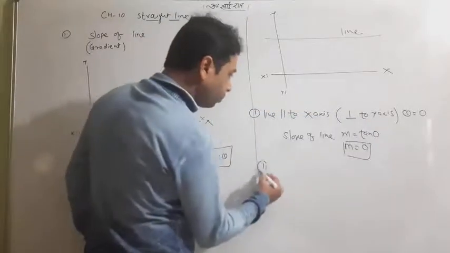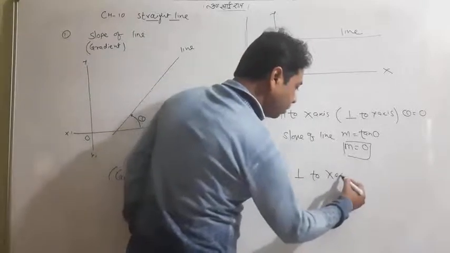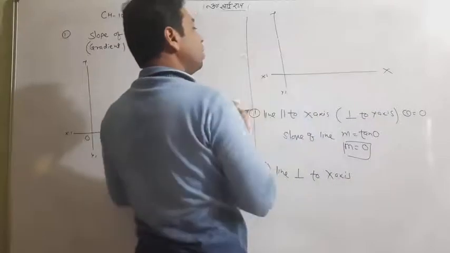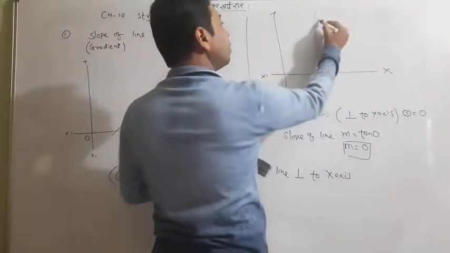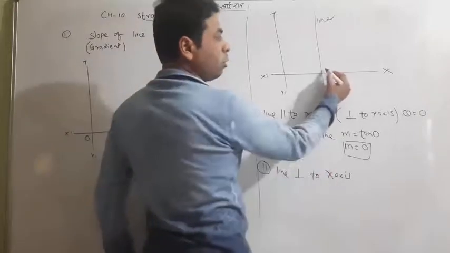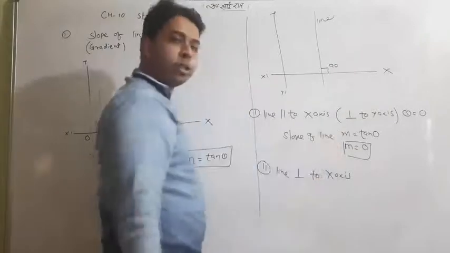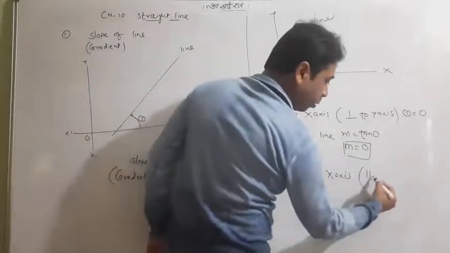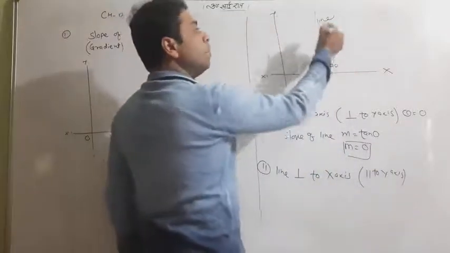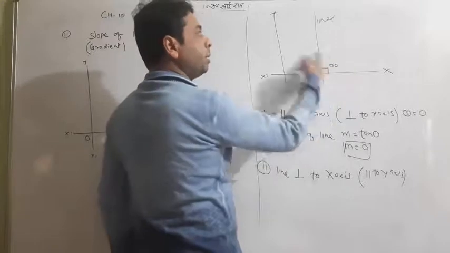Third thing, when a line is perpendicular to x axis. Look at this same picture I made here. Suppose this is a line, and this line is perpendicular to x axis. This is 90 degrees, and it is cutting the x axis. One can also say it is parallel to y axis.